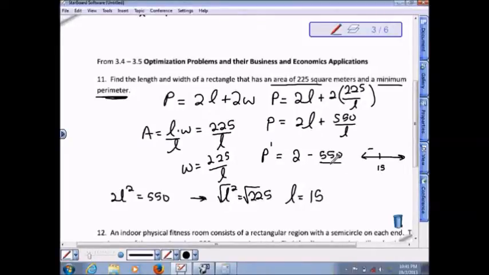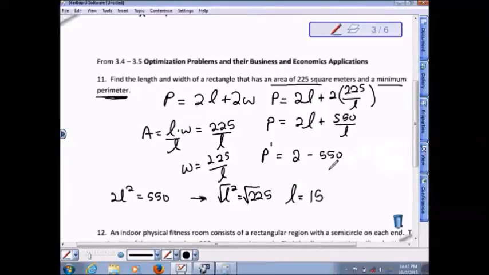Now, if you take 550 divided by 256, that's a little bit less than 2. So if you take that from 2, you end up with a positive value. So what this means is the graph is switching from a decreasing function to an increasing function, which proves that this is a minimum.